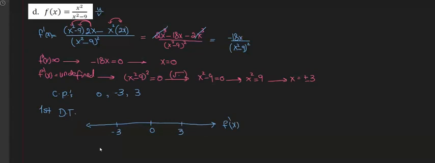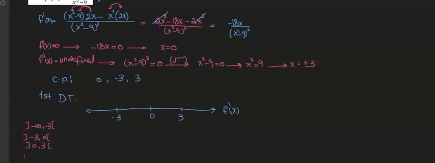Now let's take the first interval, from negative infinity to negative 3, again an open interval, and then from negative 3 to 0, and then from 0 to 3, and finally from 3 to infinity.